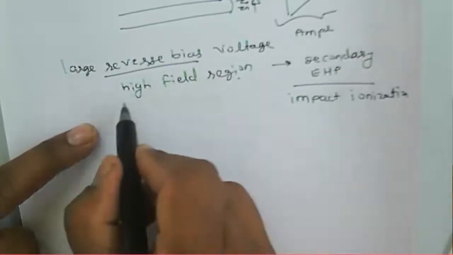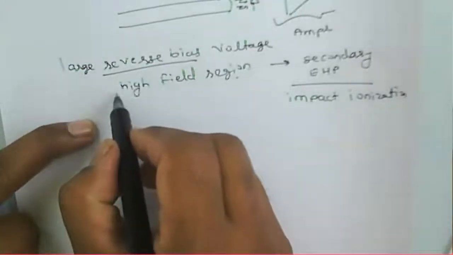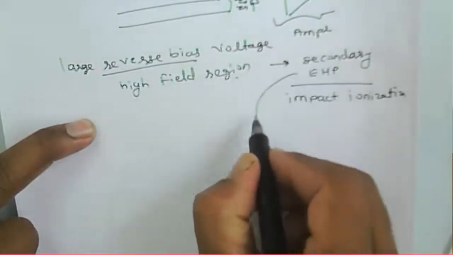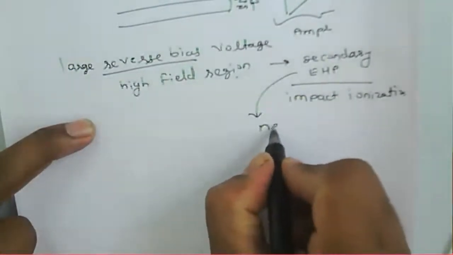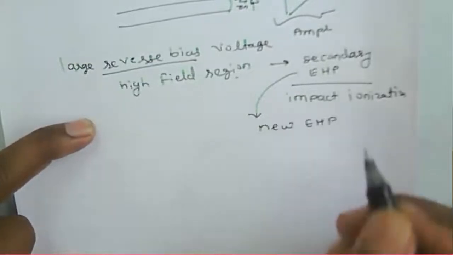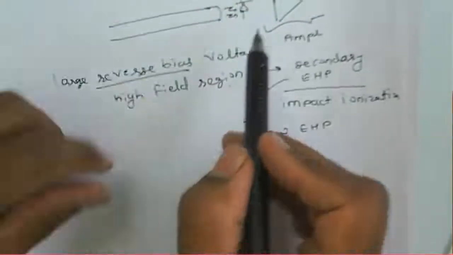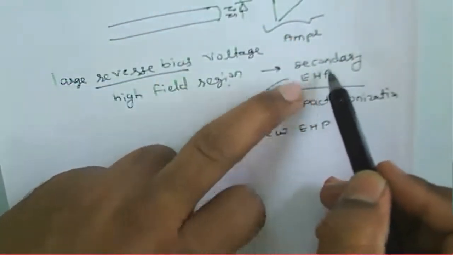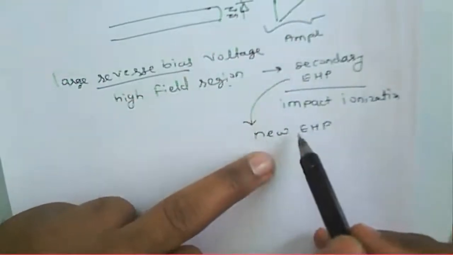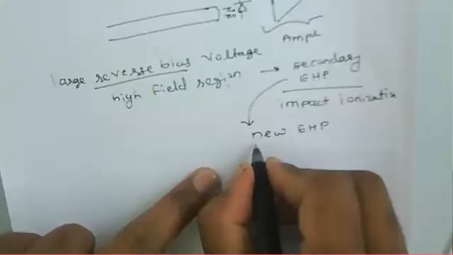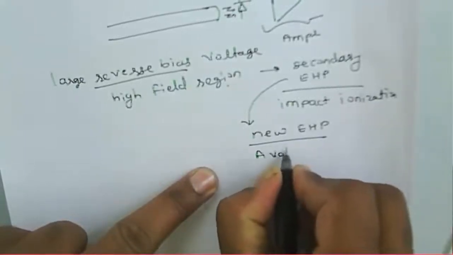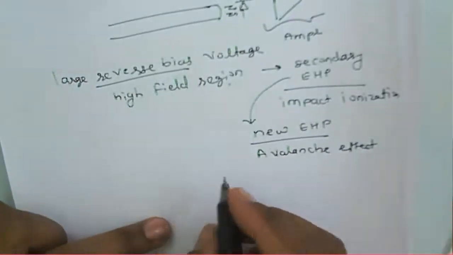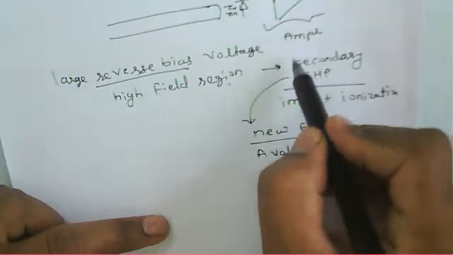If this field is created because of a large reverse bias, then that secondary electron-hole pair will again create a new electron-hole pair. From the single electron-hole pair, it will generate a secondary electron-hole pair, and from the secondary electron-hole pair, it will generate a new electron-hole pair, and this effect is called the avalanche effect.